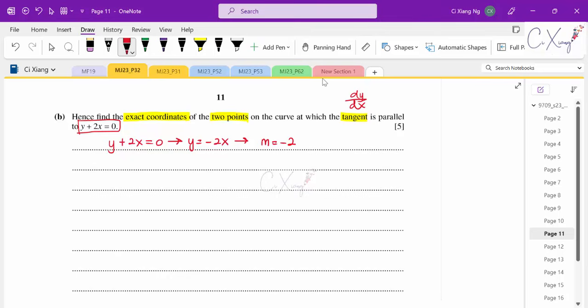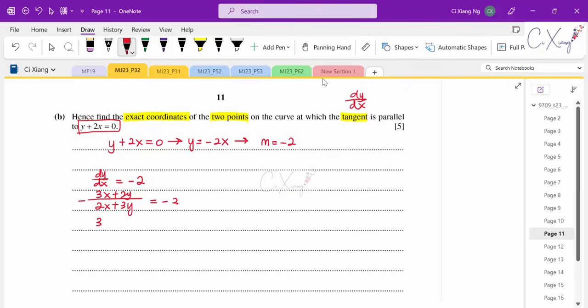Since the tangent is parallel to this line, the gradient of the tangent, which is dy dx, also equals negative 2. So substitute dy dx into this equation, the dy dx that we got from the first part, equals negative 2.